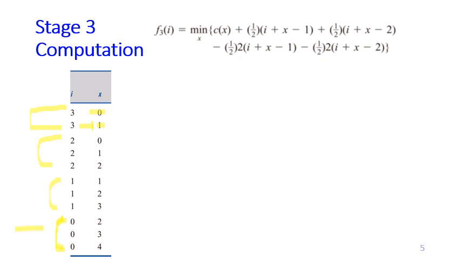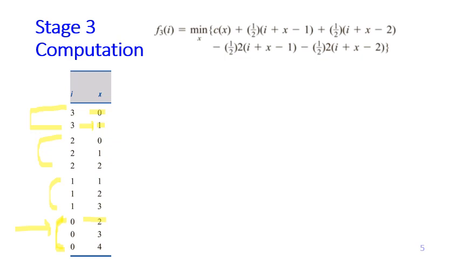Another example, if you do not have any beginning inventory, so you have 0 beginning inventory, then you must produce at least 2. You can't produce 0 because the demand is either 1 or 2. You can't produce just 1 unit because maybe the demand is 2. And remember, you must satisfy the demand.